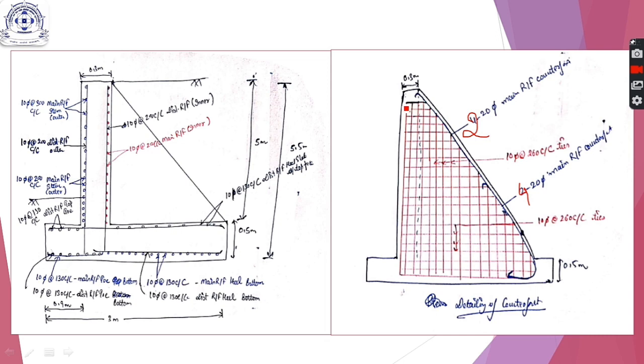Some of this reinforcement is taken inside the stem so that the stem is well connected with the counterfort, and similarly the heel slab is well connected with the counterfort. Here also some reinforcement has been extended to the heel slab. This inclined reinforcement has also been taken into the stem. So I hope all this detailing is clear to you. This was the design of counterfort retaining wall.